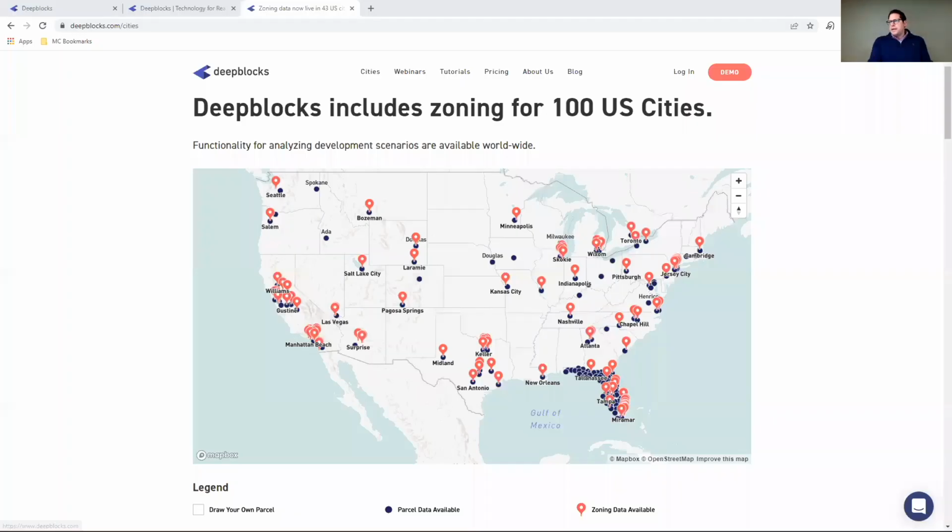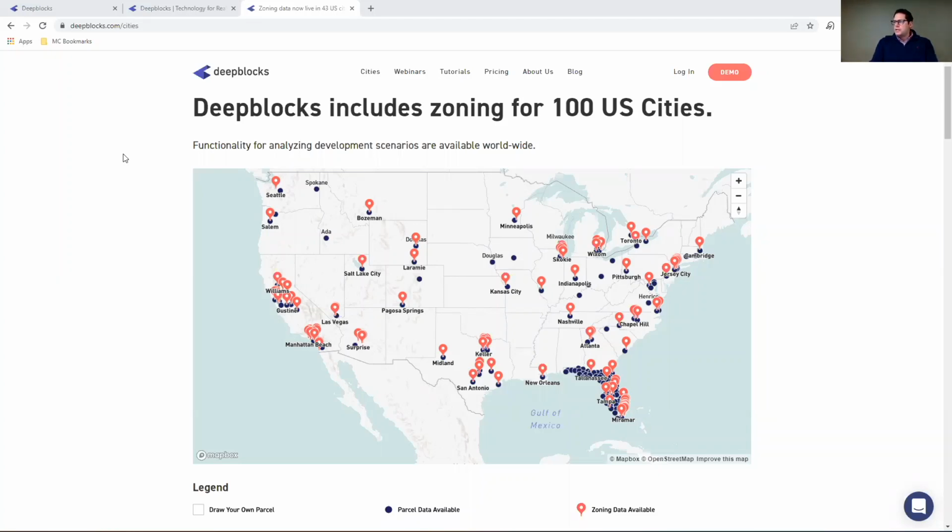We're now at deepblocks.com. I like to always show these are the cities that we're currently in. We're currently in 100 cities throughout the country with zoning data. We're in 1,000 plus cities with parcel level data. I believe we currently have over 11 million parcels in our database.